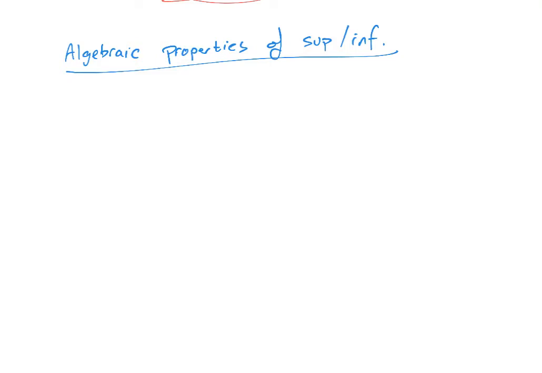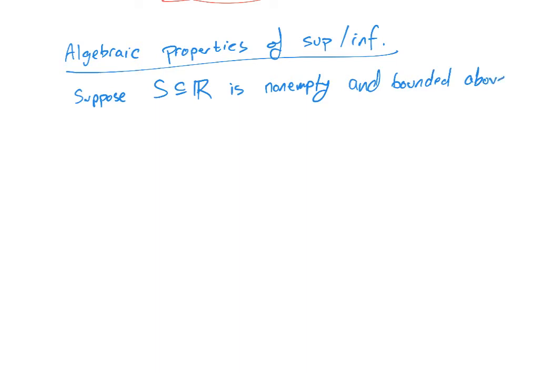So let's say that, suppose S is some subset of the real numbers, and it's non-empty and bounded above. Okay, that's what we need in order for it to have a sup. Now take some other real number.